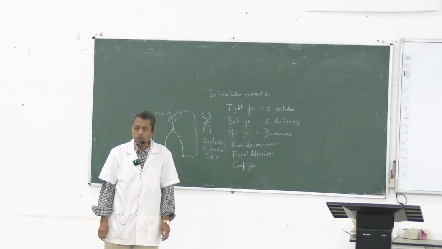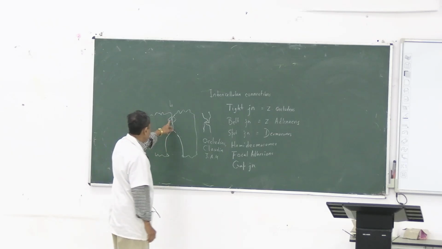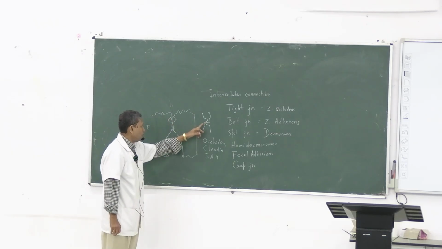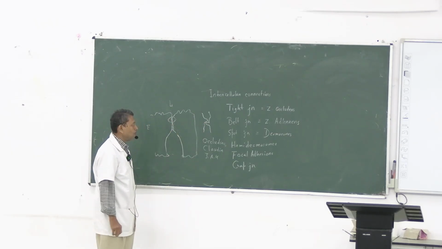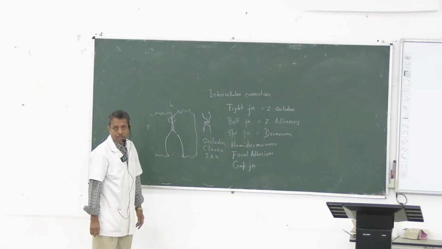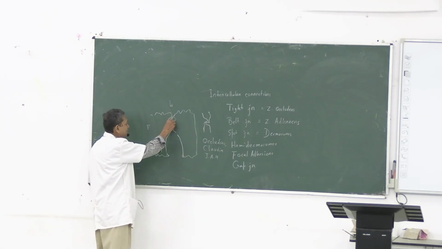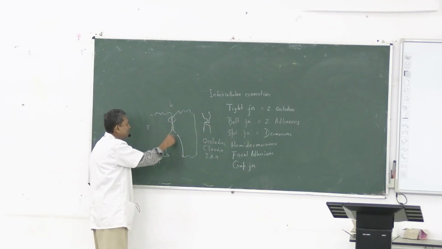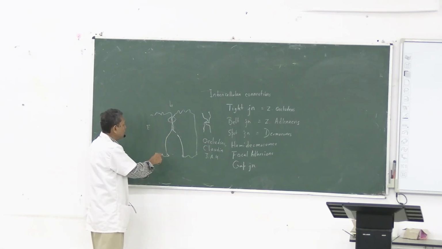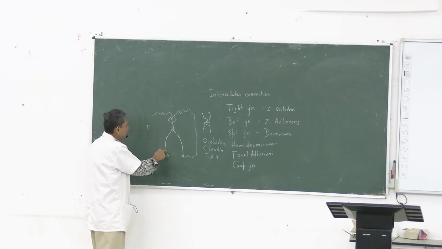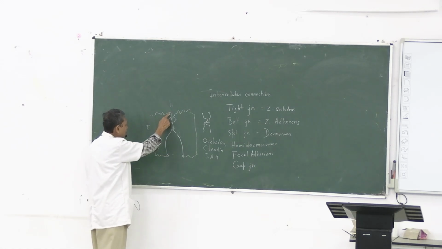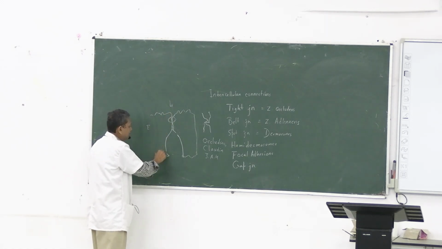And there are numerous proteins in this way. They almost obliterate the space. It is called tight junction or zonula occludens. Its important function is that it prevents the transport of molecules from the basal side to the apical side, or from the apical side to the basal side.